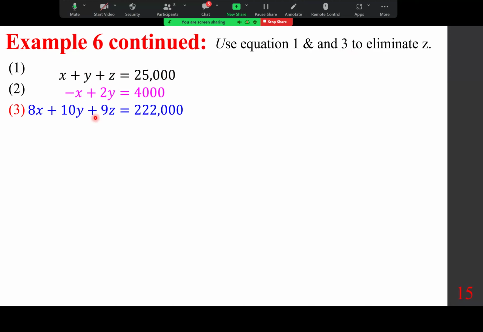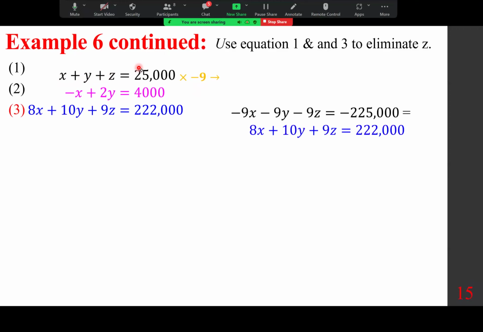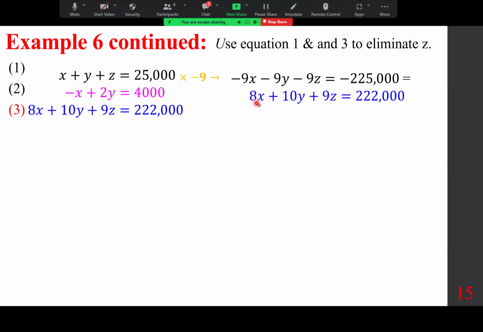So if we keep this intact, and if we multiply this one by what number? You want to get rid of the z. This is plus 9z. You want to make this negative 9z. Multiply this one by negative 9. Minus 9x minus 9y minus 9z. And you multiply this one by negative 9. You get negative 225,000. And number 3 remains unchanged.